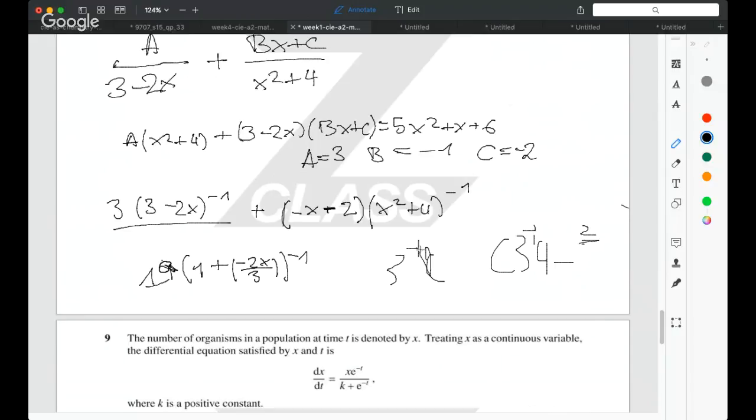And then I can use this formula, which I don't know by heart, but it's something like 1 plus nx. So n is minus 1 and x is this. So I've got plus 2x divided by 3.